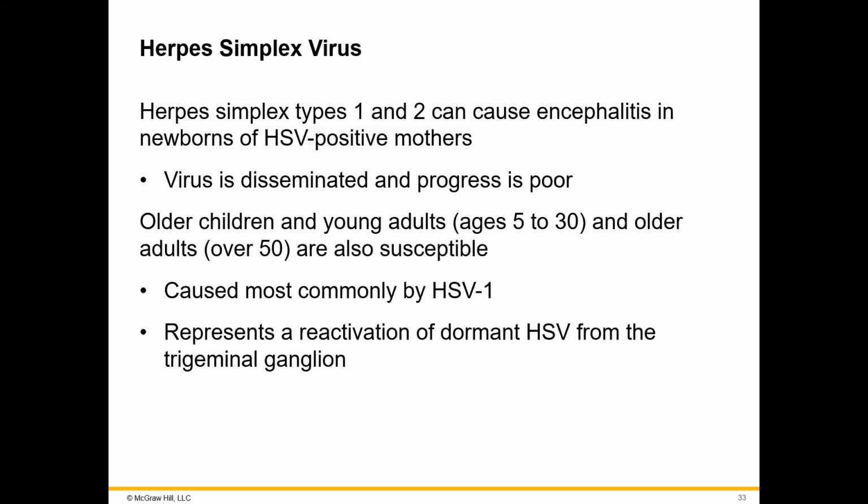I don't care what your birth plan is, because if the baby is exposed to herpes simplex virus 2 during the birthing process while you're having an outbreak... If you're not having an outbreak, you can give birth vaginally. The risk is super low that it'll get transmitted. But if you're having an outbreak, then we will not allow you to give birth vaginally. You will give birth by cesarean section.